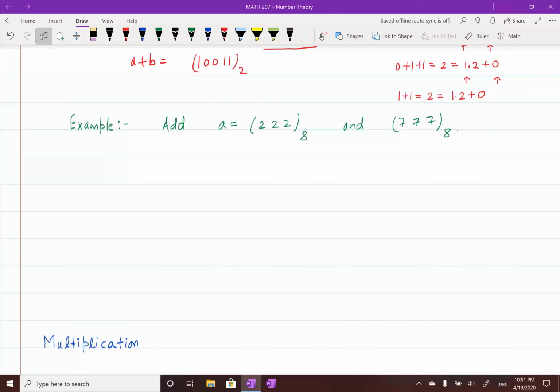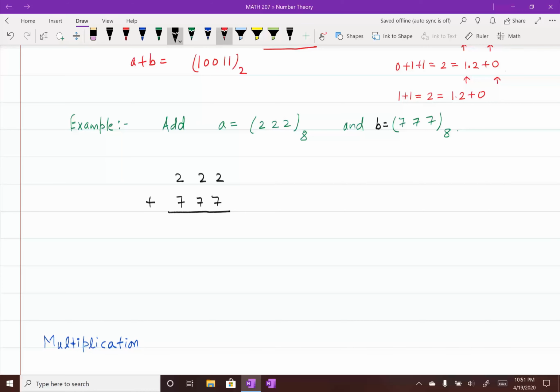Let's take another problem, and this time we want to add integers a and b, where they are given in octal expansion form. So a is 222, b is 777, and you want to add them.